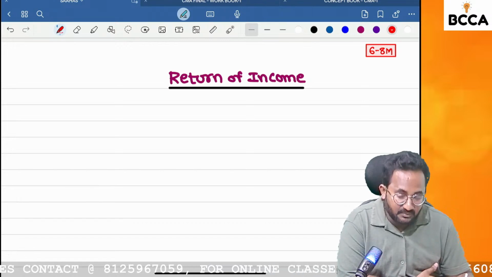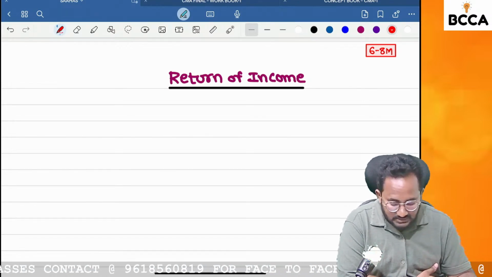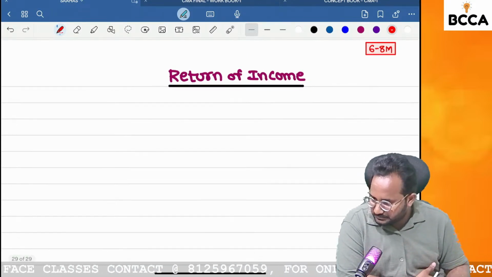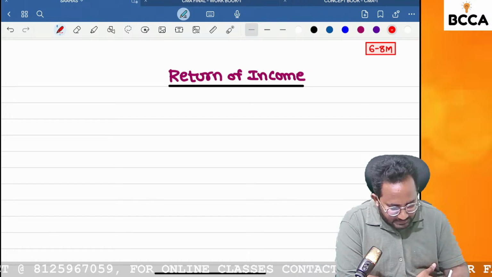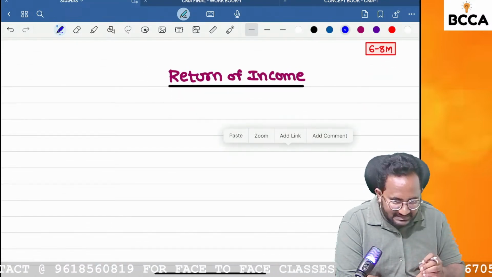In the last examination also, 7 or 8 marks of questions came from this chapter. This is normally an A category chapter and very, very easy.